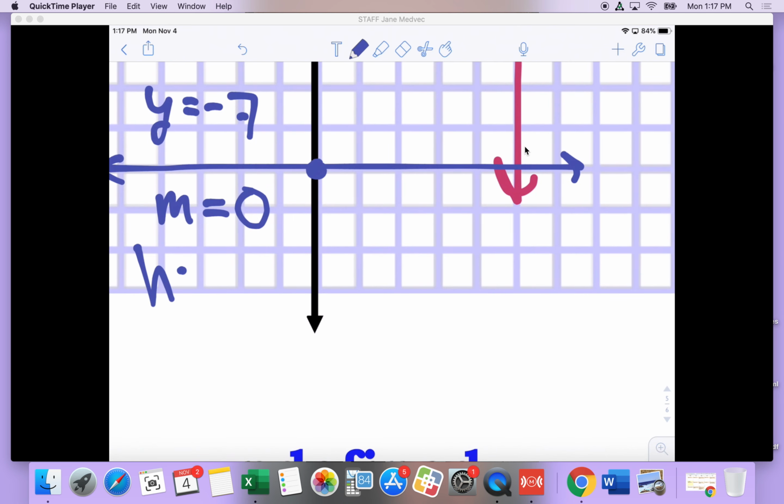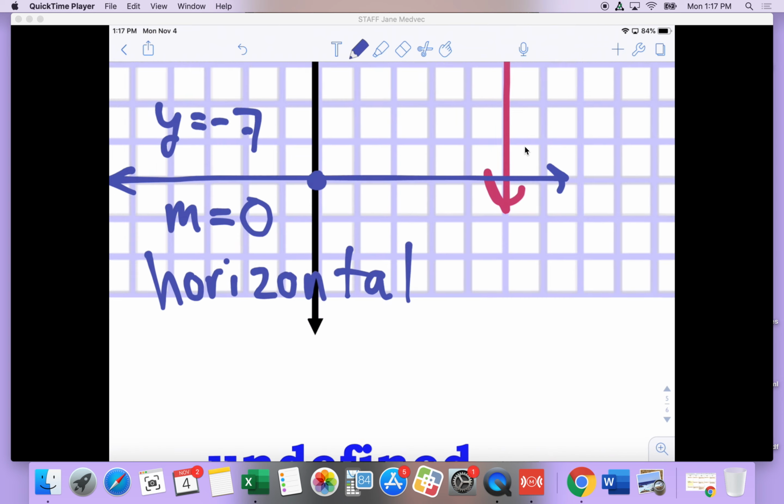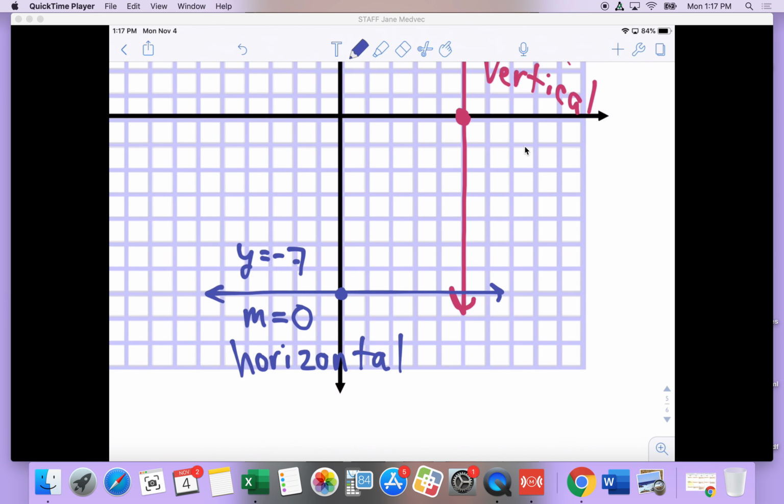Of course, horizontal. Questions? You will have this on your test. Horizontal, vertical lines, what are their slopes, those types of things. Okay. All right, that's all I got for you. If you got questions, let me know.